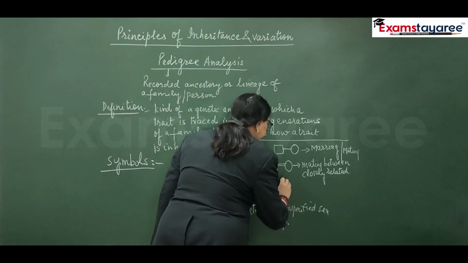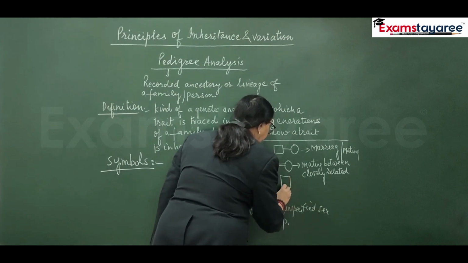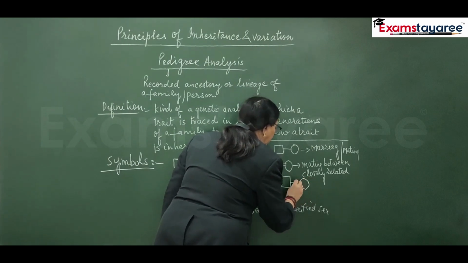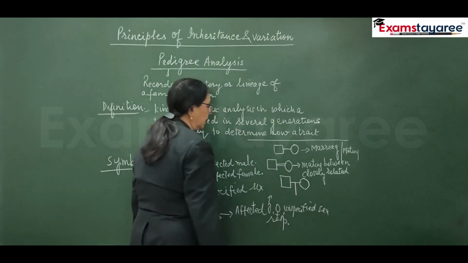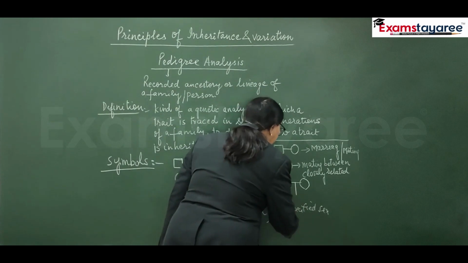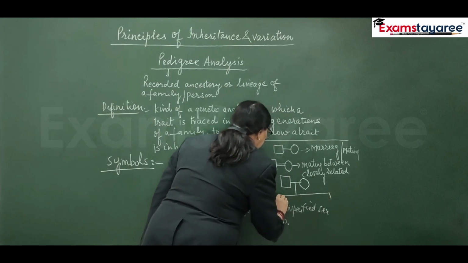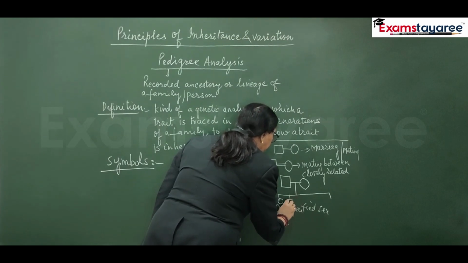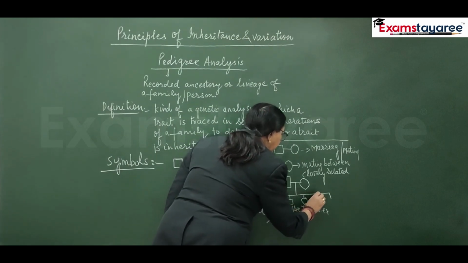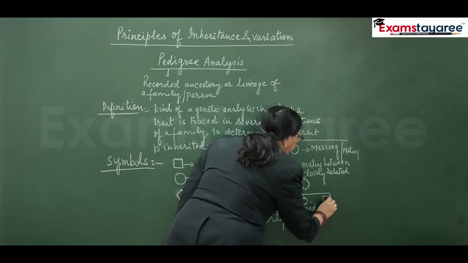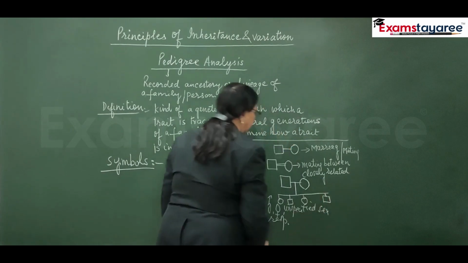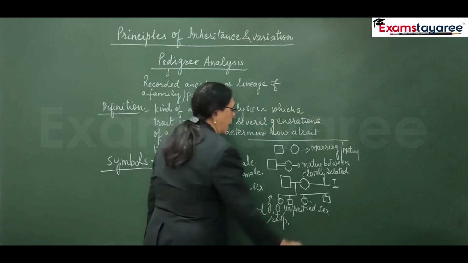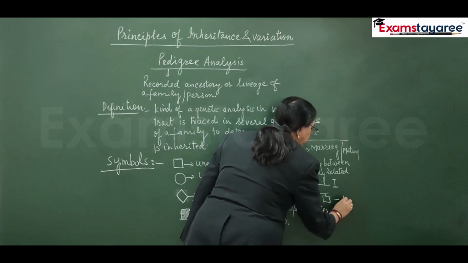Then this horizontal line with this vertical line, then 1, 2, 3, 4, like this. So, this is the first generation and this is the second generation.